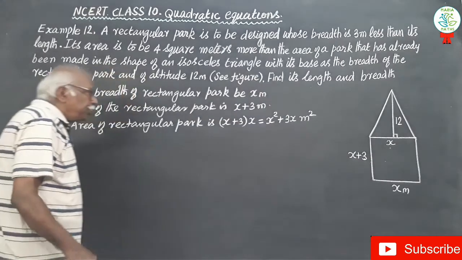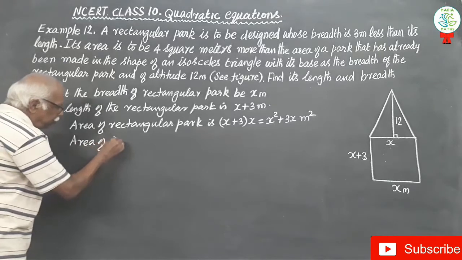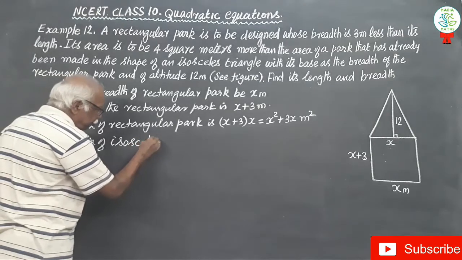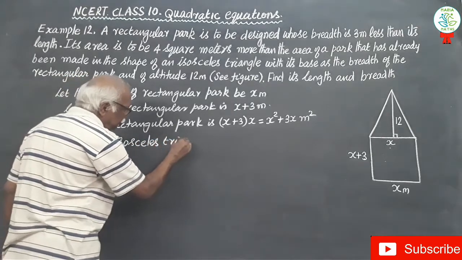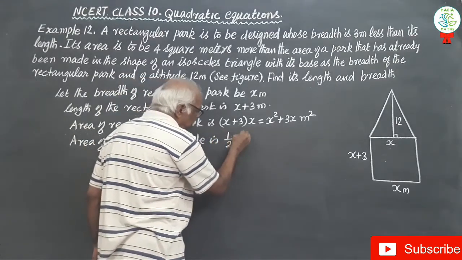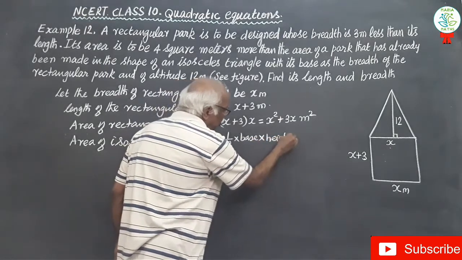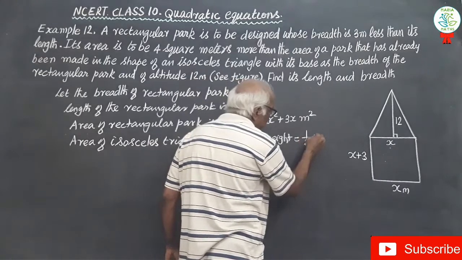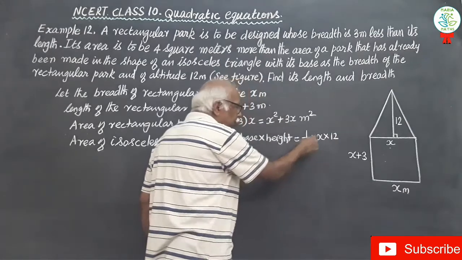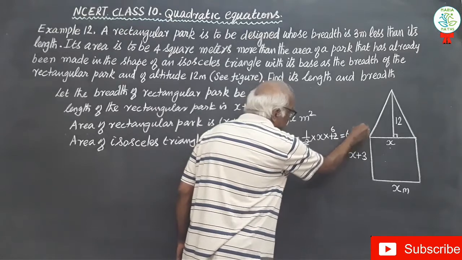Area of the isosceles triangle is half into base into height, equal to half into x into 12, which is 6x meter square.